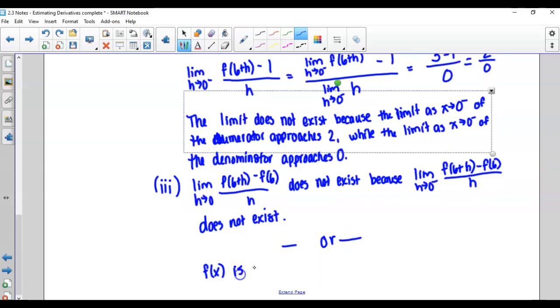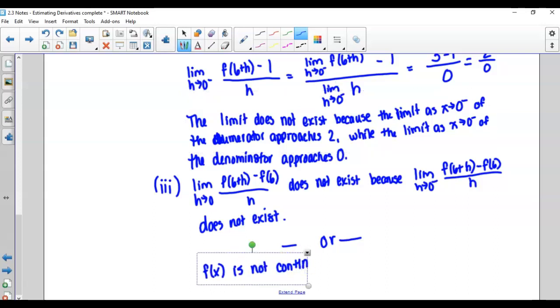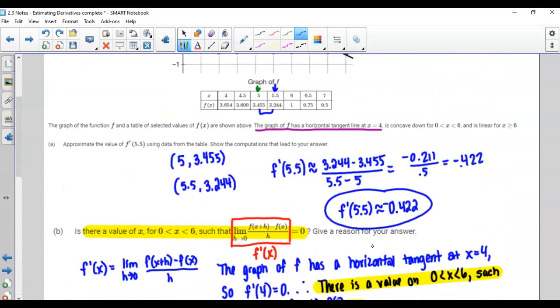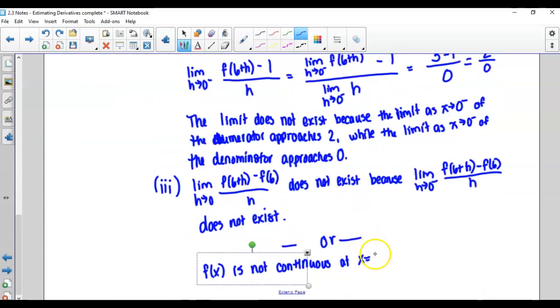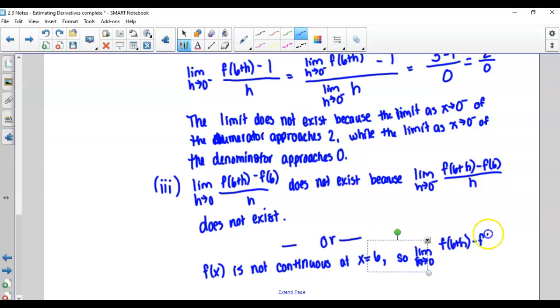So we could say here, you don't have to put both of these, that f of x is not continuous at x equals 6. So the limit as h approaches 0 of f of 6 plus h minus f of 6 all over h does not exist.